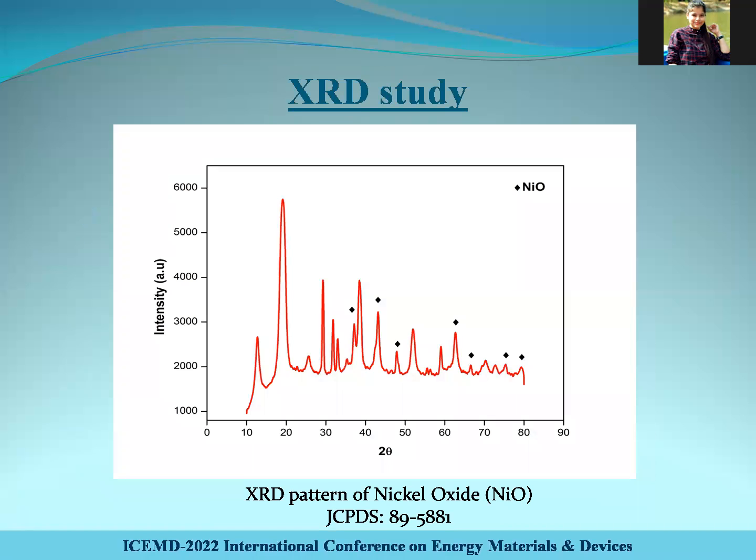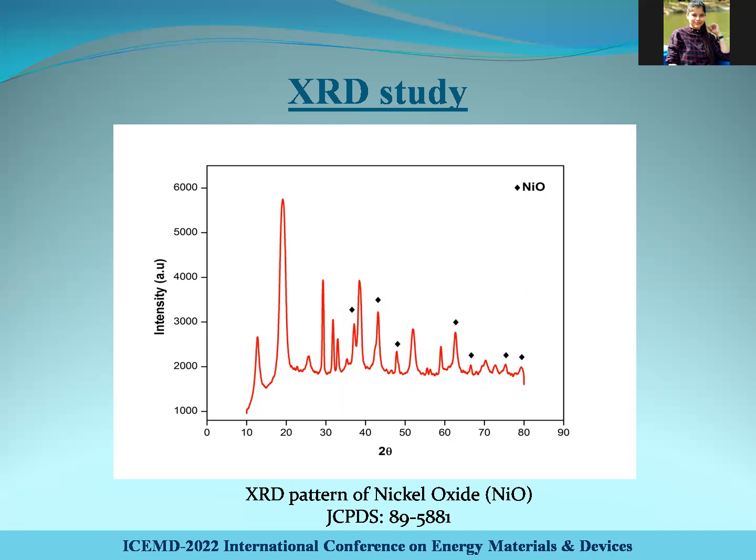So this plot shows the XRD plot for the NiO which I have obtained. What is XRD? XRD is a technique which is used to examine the phase, crystallinity and purity of the sample. And from this plot, we can see that some extra peaks are coming.